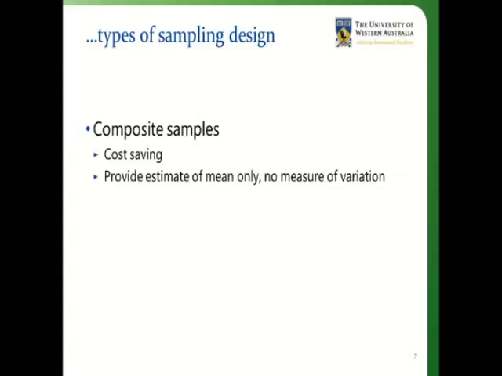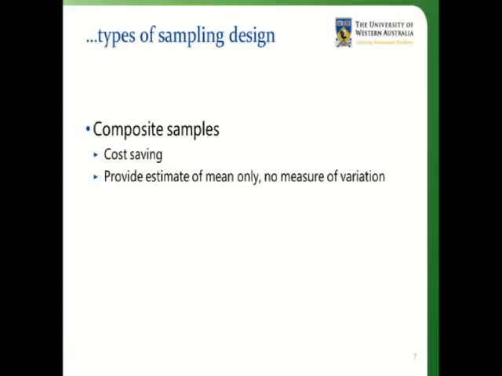Okay, composite samples in some cases can be useful. It's a cost-saving thing, and it can give us quite a good way to average spatially or temporally, that's time averaging, of samples, but all it can do is provide an estimate of the mean, so we don't get a measure of variation.